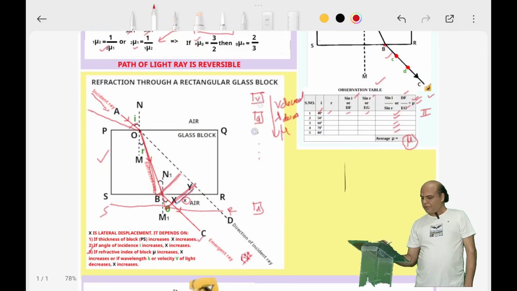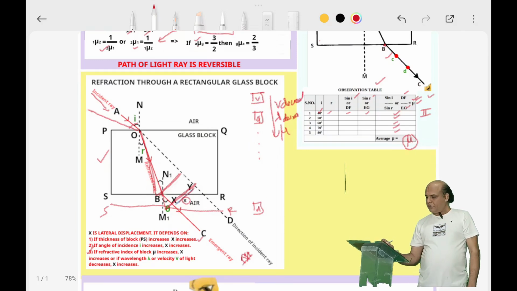This is what we observed in the spectrum of optical media. So from top to bottom, when we are moving, velocity of light and wavelength of light decrease, but refractive index will increase. So the same analogy applies here.